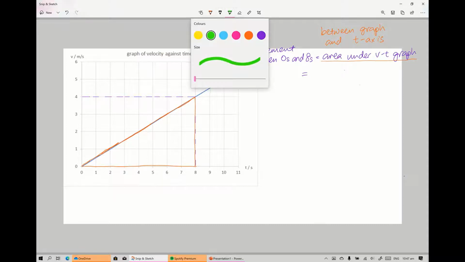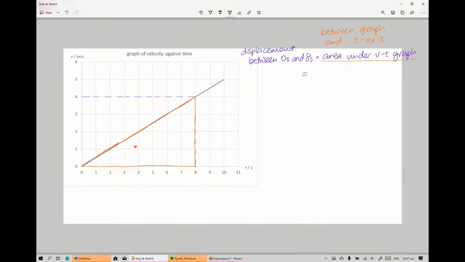We are interested in this area. If you calculate this area, it will actually tell us the displacement traveled by the moving object.